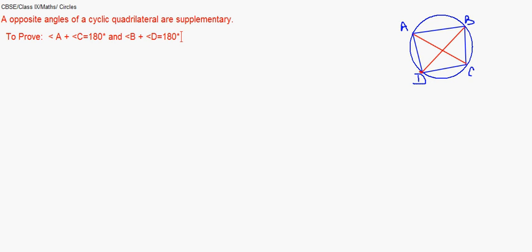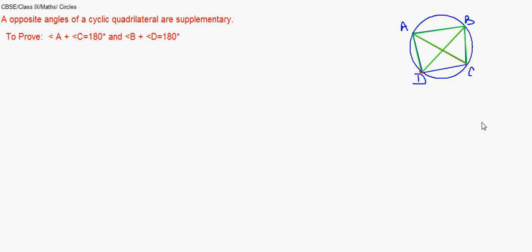Now look at this AB as a chord. If you look at AB as the chord of the circle, now on this AB, angle ADB is drawn, and on this ACB is also drawn.